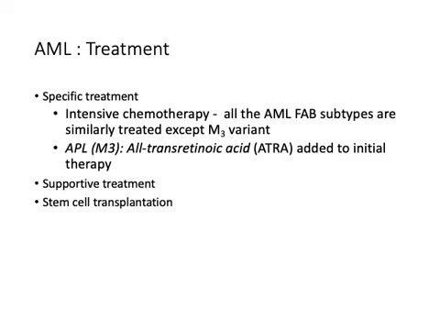Intensive chemotherapy is combined with supportive treatment in the form of blood transfusion and control of infection. Since AML generally has a poor prognosis, patients should be offered stem cell transplantation once they are in complete remission.